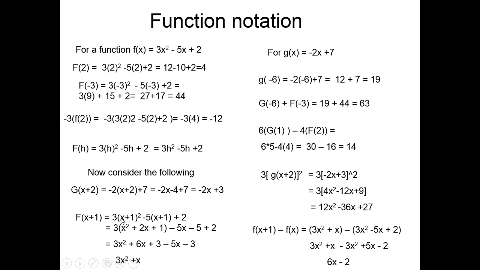So 3 times x plus 1, the quantity squared, we have to expand that out. That's x squared plus 2x plus 1 times 3, which gives us 3x squared, 6x, and 3, minus 5 times x minus 5, distribute the negative 5, plus 2, bring down your terms, combine, and we end up yielding 3x squared plus x, we lose the 3's.